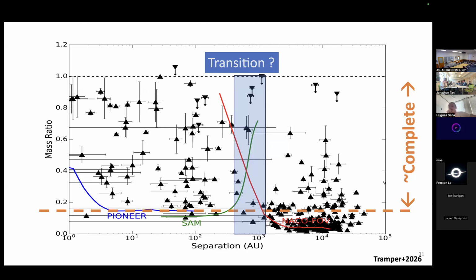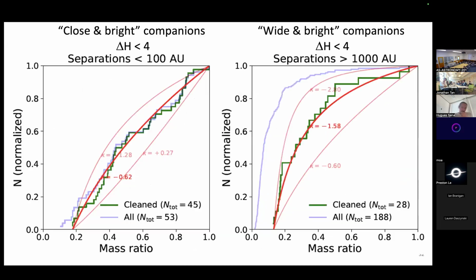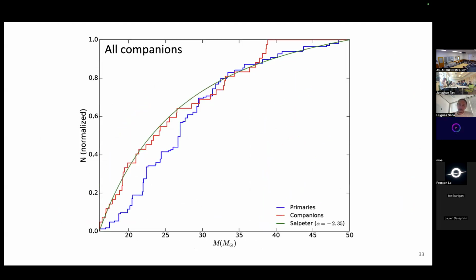Then let's see. If I'm drawing the semi-major axis of the orbits, what I vaguely remember from when you showed it is that it was fairly flat in log P, but the typical separation is about 30 AU, with a broad peak.